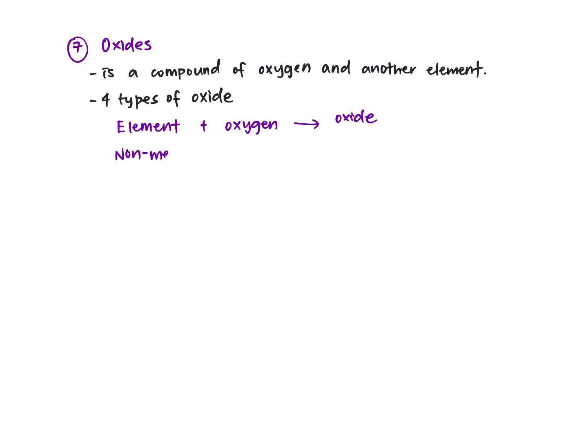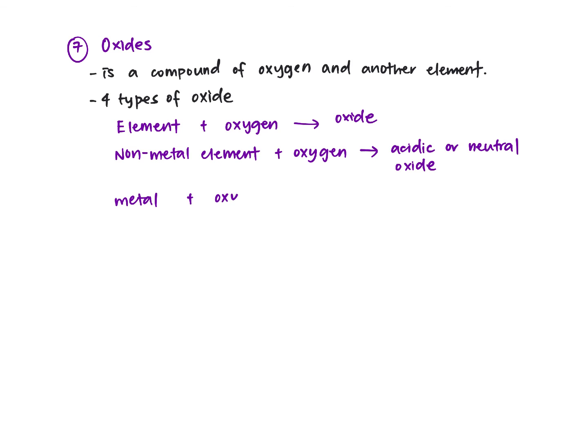When a non-metal element combines with oxygen, it forms either an acidic or neutral oxide. For a metallic element or a metal, reacting with oxygen will give a basic or an amphoteric oxide.